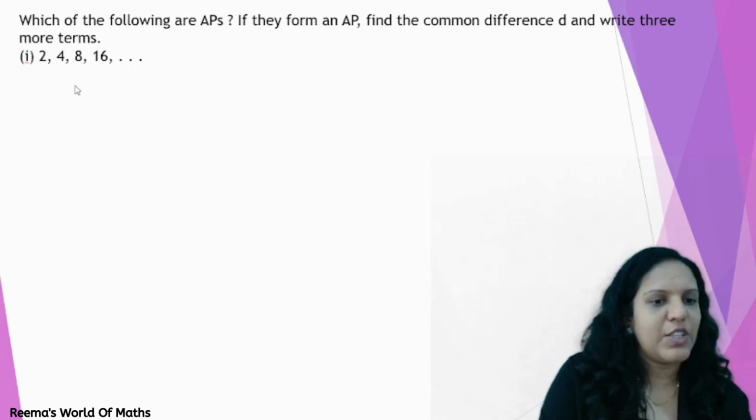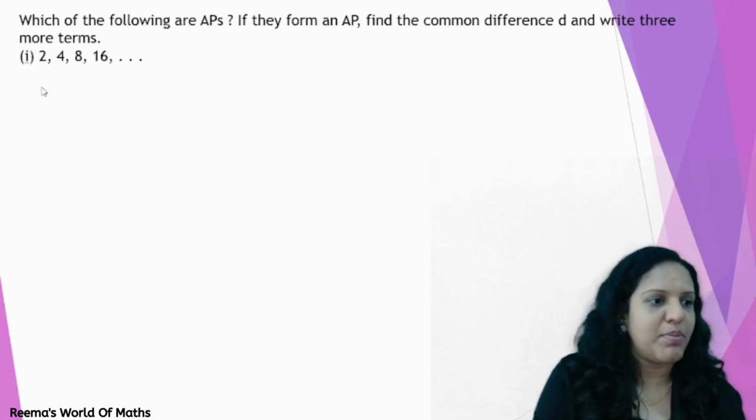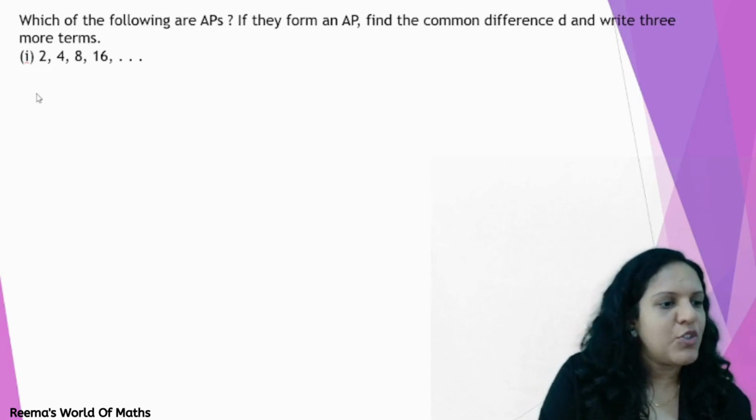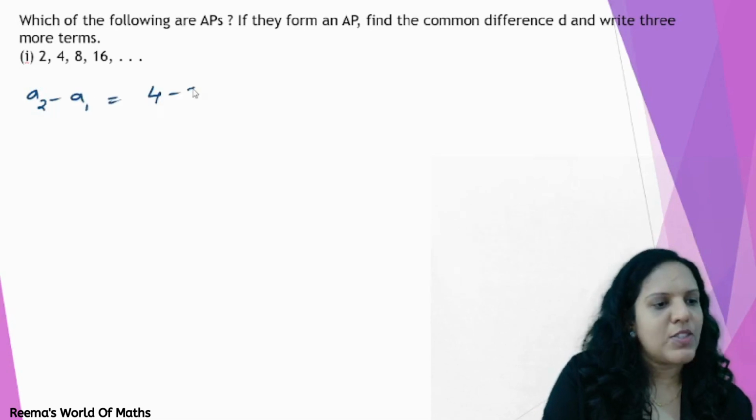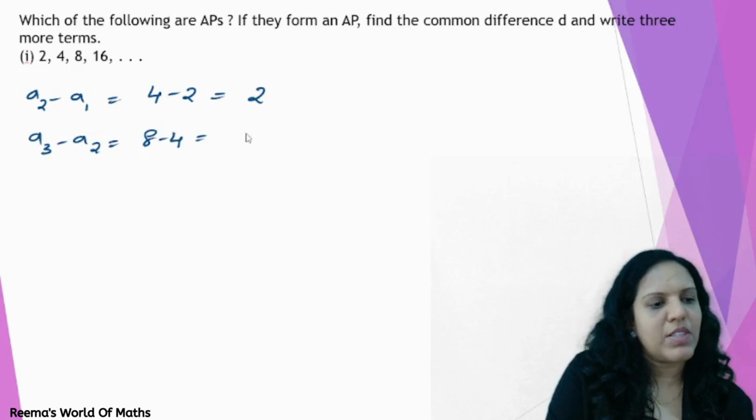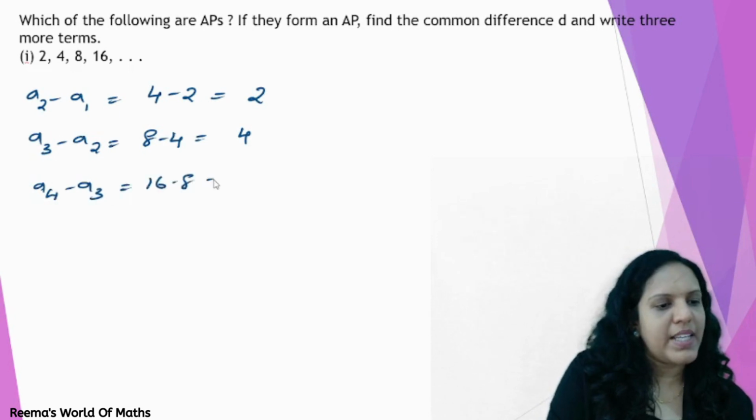So let's see the difference between each number. A2 minus A1, which is 4 minus 2, equals 2. A3 minus A2, which is 8 minus 4, equals 4. A4 minus A3, which is 16 minus 8, equals 8.